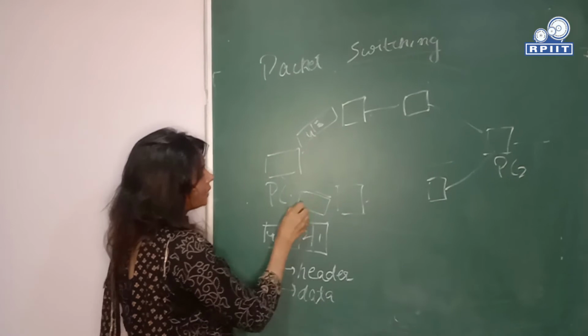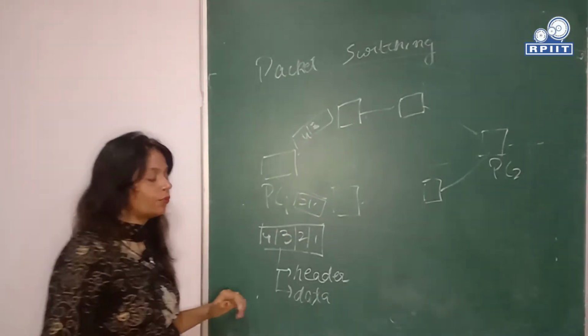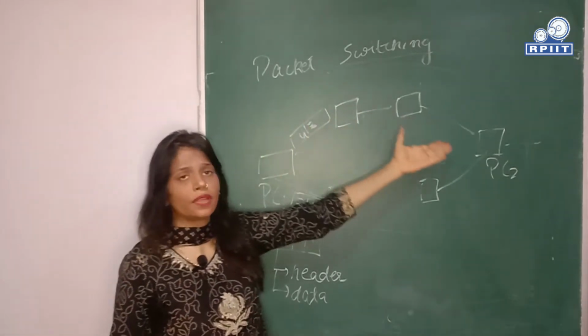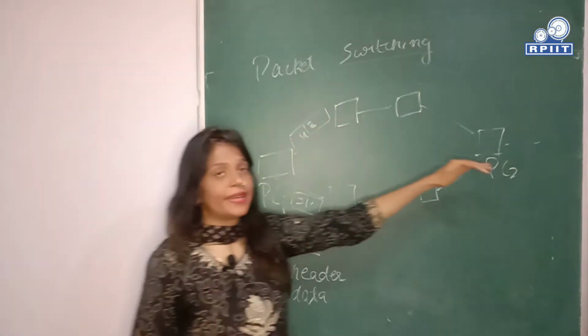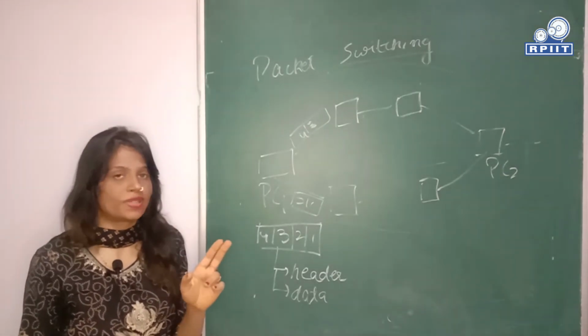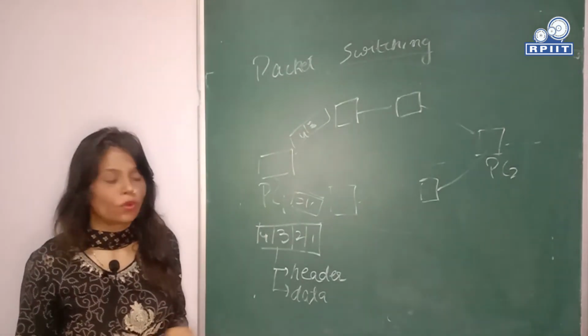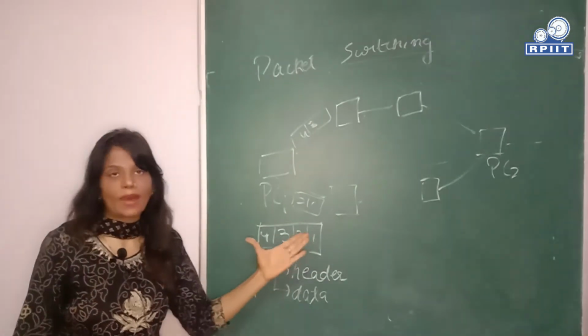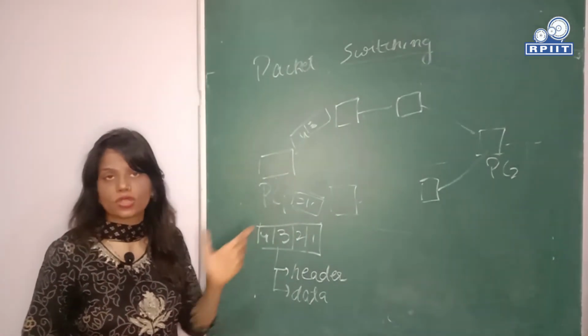And these packets, as I have already explained to you, are considered as independent packets. So they can follow any route to reach the destination. But here again we have two approaches, datagram approach and virtual circuit approach. What is datagram approach? In datagram approach, the relationship between all the packets belonging to the same message is not preserved.